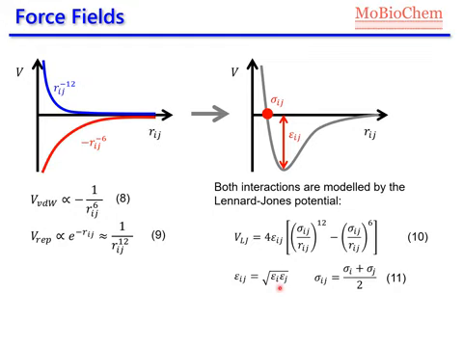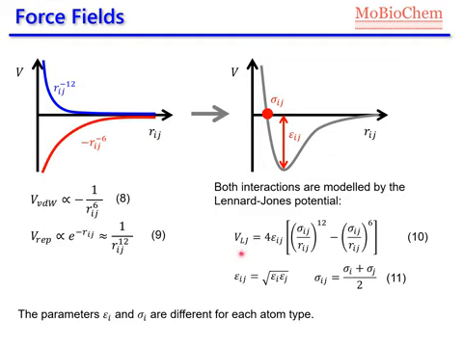And then if we know epsilon and sigma for each atom type, we can compute the interacting sigma and the interacting epsilon as the arithmetic mean and the geometric mean respectively. And then we can compute the potential energy using these parameters. So remember that in our molecule we have different atom types. Each atom type will have a different epsilon and sigma. So we will have a different Lennard-Jones interaction for each pair of atoms I and J.